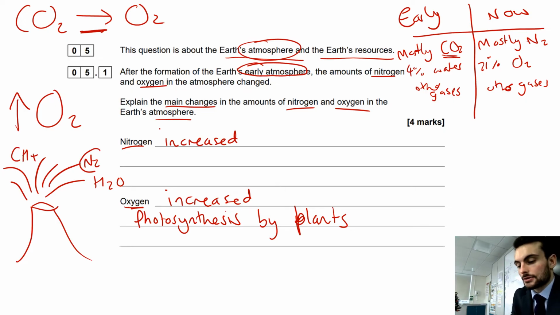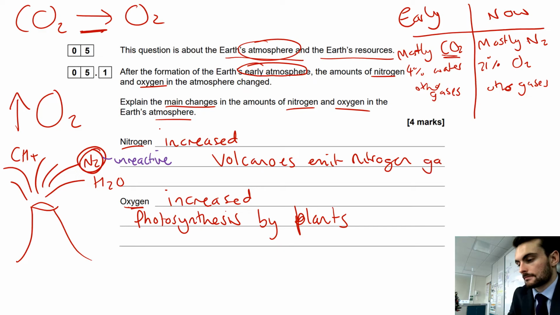But because nitrogen gas, what's a bit unique about it, it's unreactive. So that means it spurted out into the atmosphere and then it doesn't do anything and it doesn't change. So the volcanoes is what caused the nitrogen to increase. So volcanoes emit nitrogen gas.